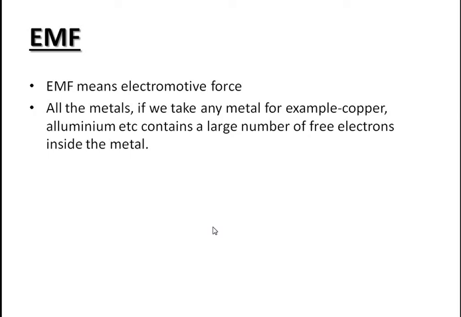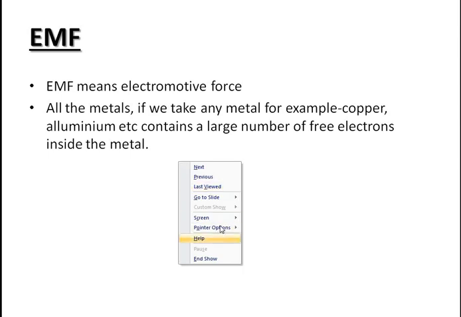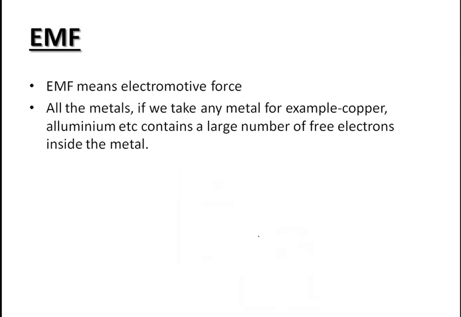We know that a metal, for example copper or aluminium etc., contains a large number of free electrons. Okay, if I'm taking a small diagram so that you can understand the concept, suppose this is a metal piece over here, suppose this is copper metal.